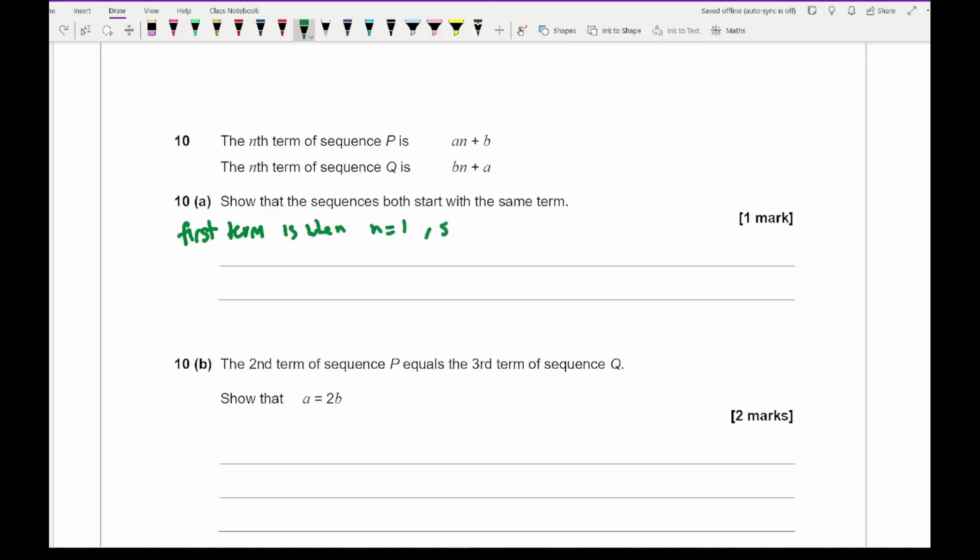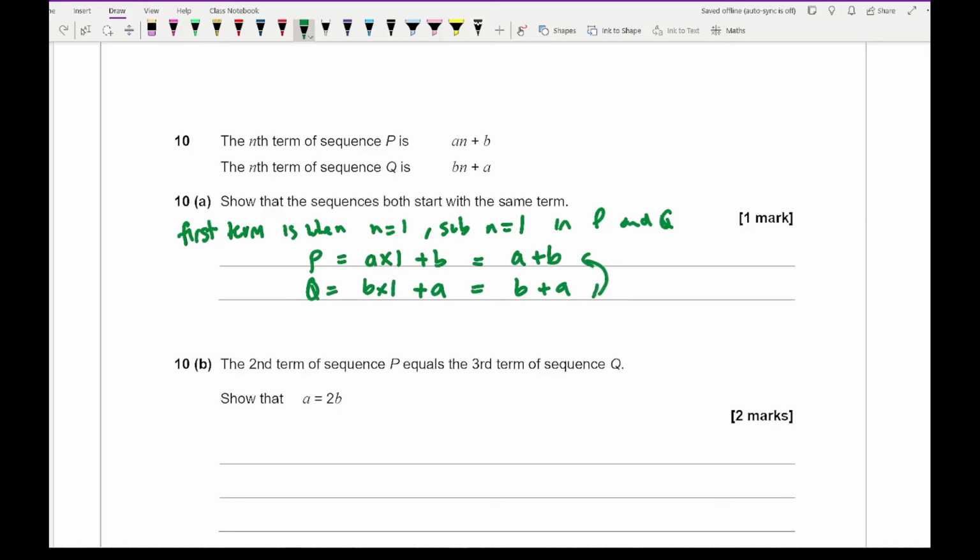So if I then sub n equals 1 into P and Q, well, for P it's going to be a times 1 plus b, which is a plus b, and for Q it's going to be b times 1 plus a, which is b plus a, and you can see that these two things here are the same. So the first term for each of those sequences is going to be the same.